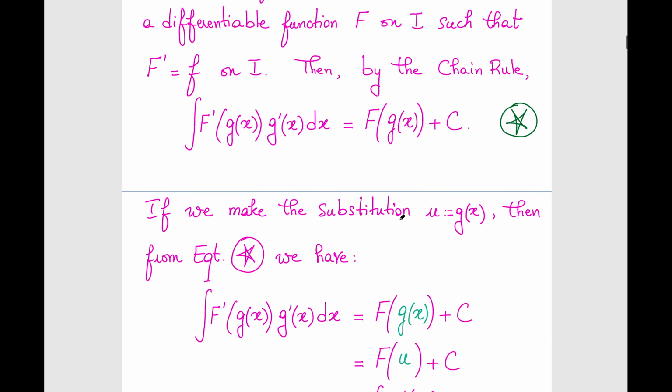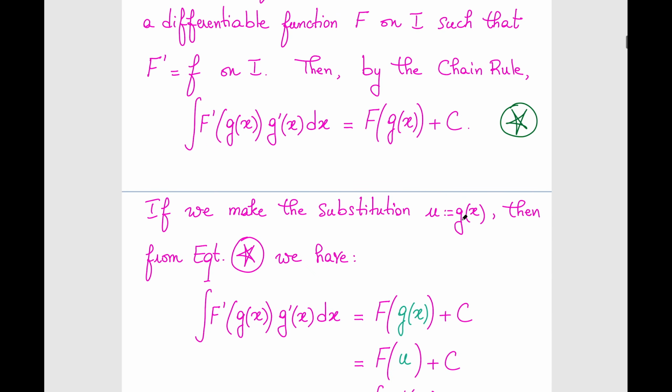Now, if we make the substitution u equal to g of x, then from equation star we can write the following. You start here, it is equal to capital F of g of x plus c, but remember we said let u denote g of x, so we get capital F of u plus c.